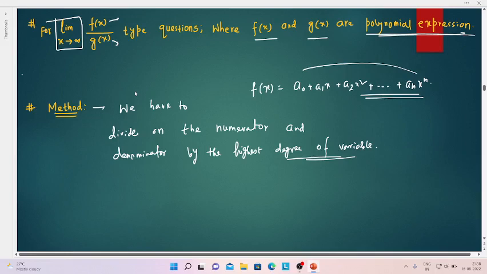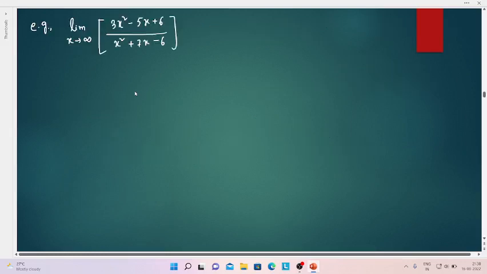If we have a cubic equation as fx and another cubic equation as gx, then the highest degree variable is x cube. So we divide the numerator and the denominator by x cube, right? Let's move to some questions so that you can understand.